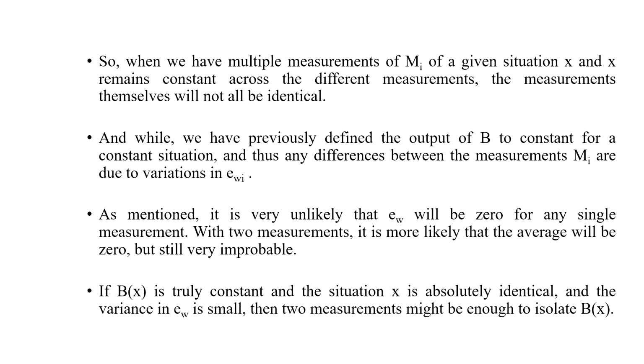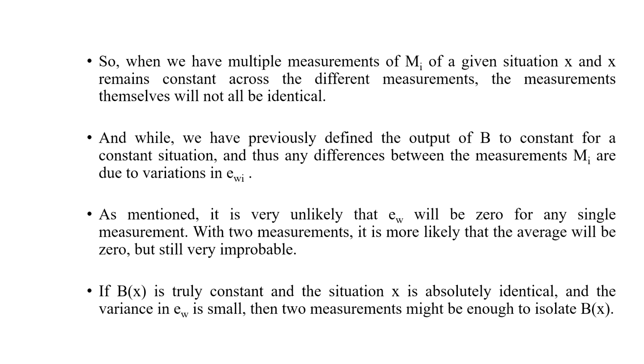And while we previously stated, we have defined the output of B to be a constant, let us say there is a constant situation, the trial is similar, all the other conditions are similar. So, any differences that happen across measurements are basically due to variations in this error term, again something that I was already saying. Now, as mentioned, it is very unlikely that this error term will become 0 at any point in time. It will not become 0, it will reduce to a certain negligible thing.